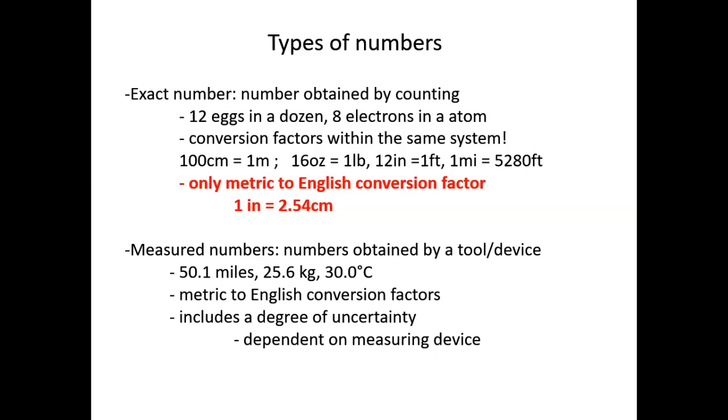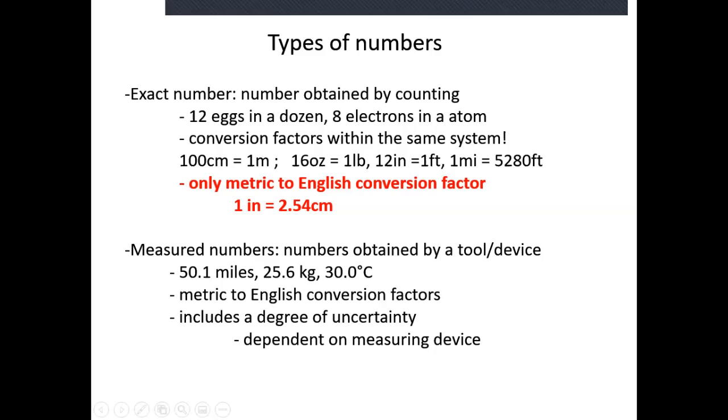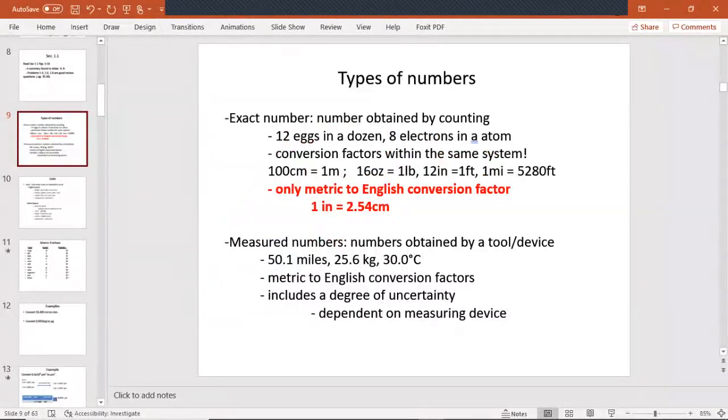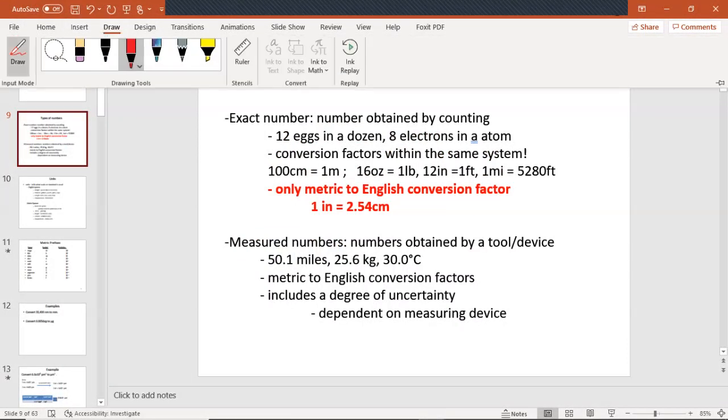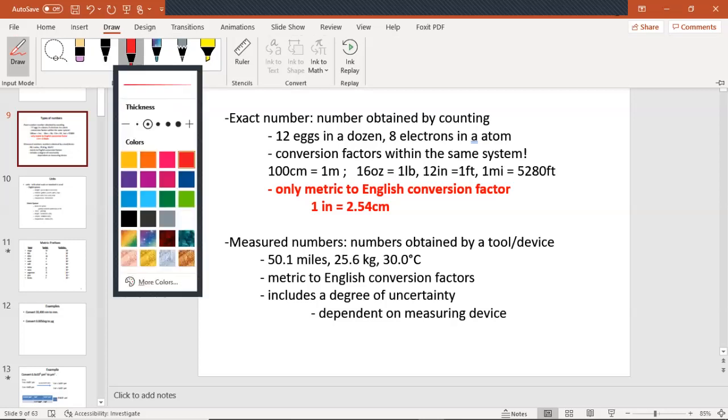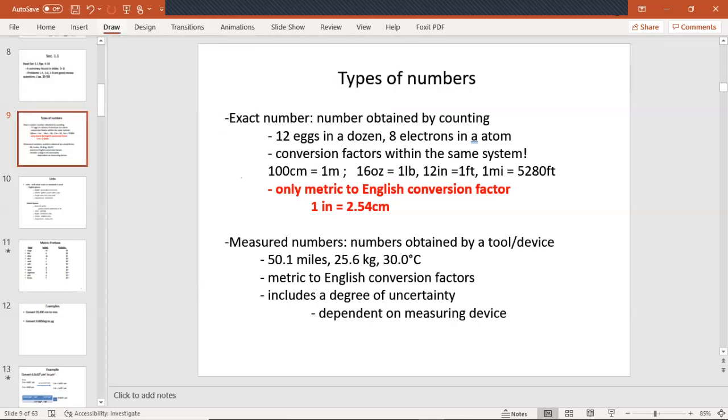Now for certain conversion factors that are within the same system of measurement, and I'm going to escape out of this presentation mode so I can actually annotate on the slide. And so certain conversion factors, they are exact conversion factors. So what we're dealing with is those conversion factors that are within the same system of measurement.